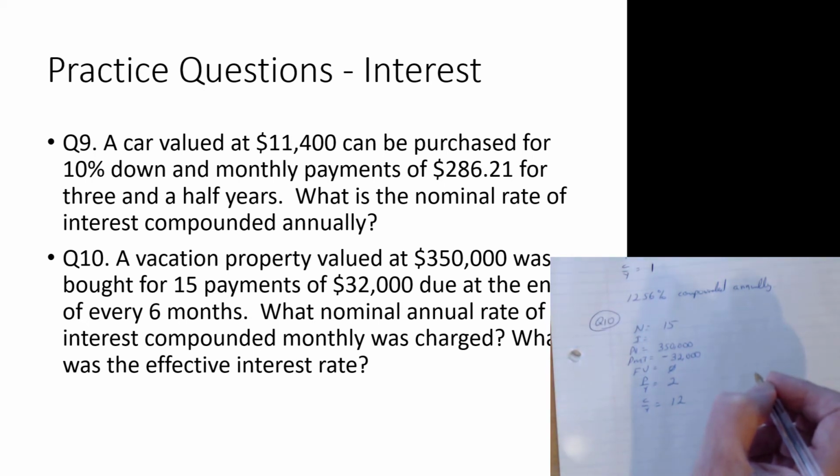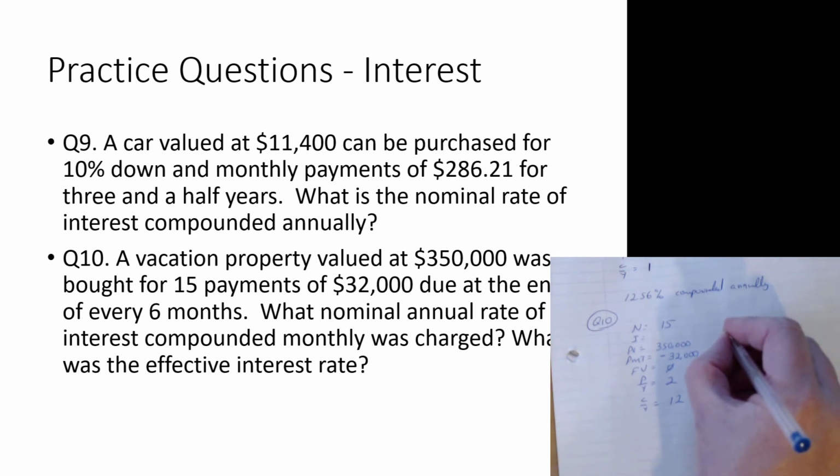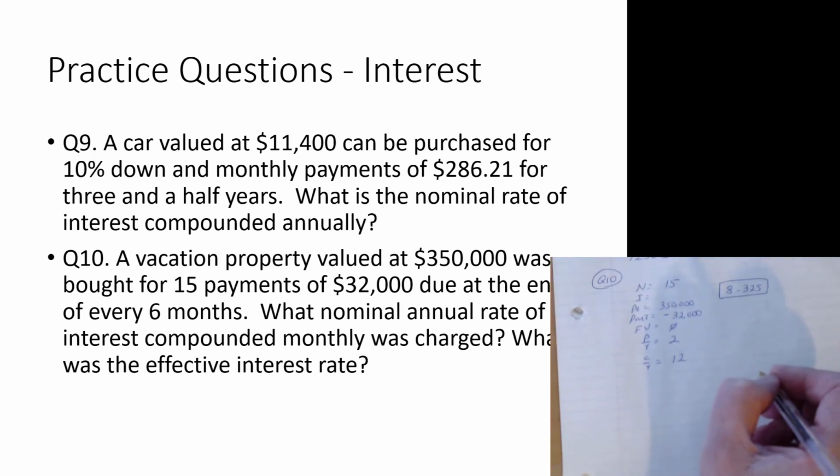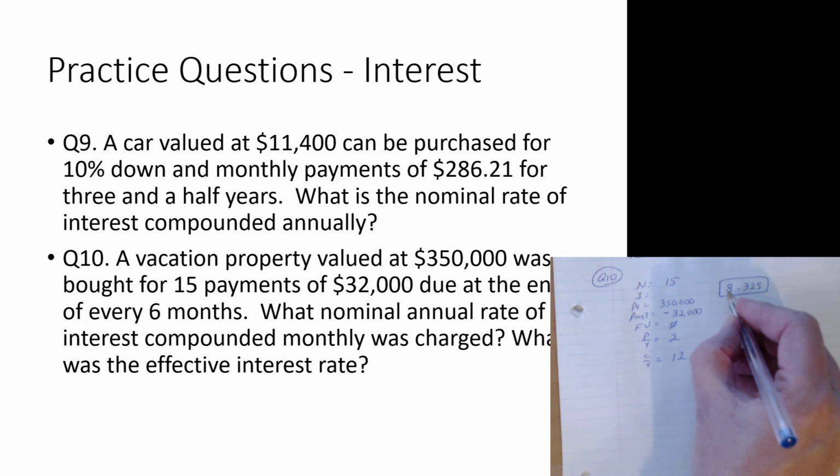So same as we did before, we run through and we get I. And again, always verify, but I got 8.325%. Now they want the effective annual rate, because this is 8.325% compounded.